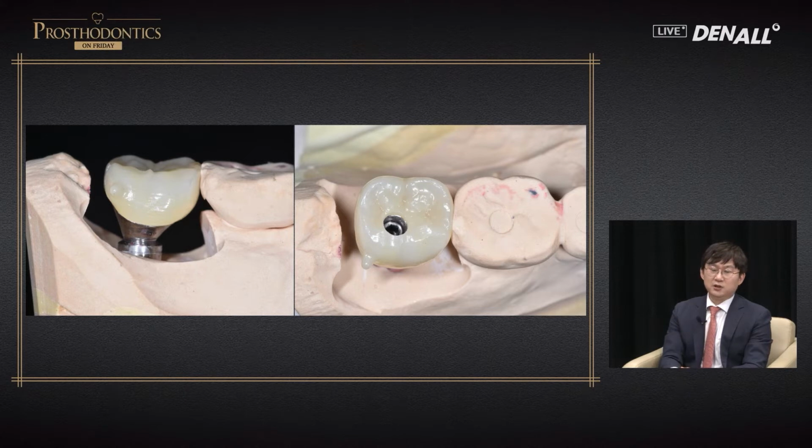For posterior implants, this approach is used for single or multiple implants. This is the approach I used to use quite a lot. Using the approach, one day I realized implant crown is delivered without adjustments.